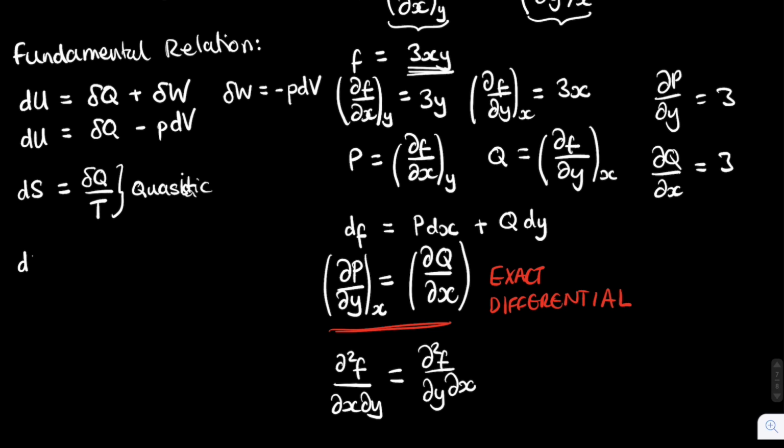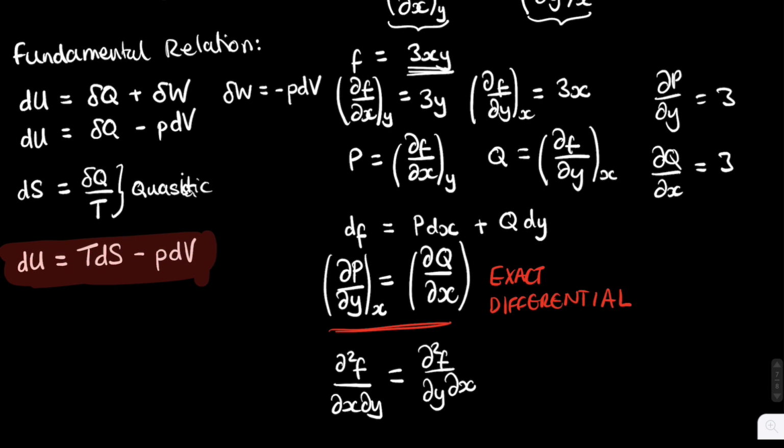So let's just substitute that in. We get that du equals, rather than dq, T ds minus P dv. And this is the fundamental relation of thermodynamics: du equals Tds minus P dv.